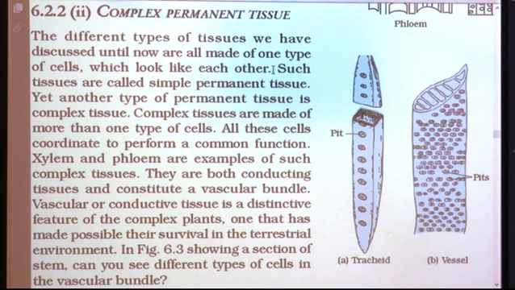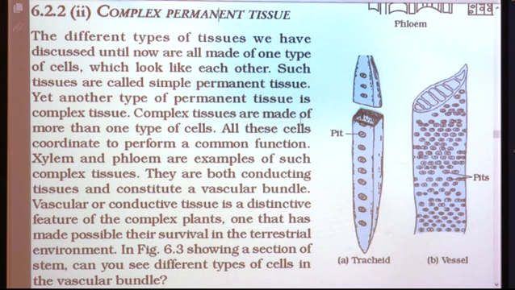But in complex permanent tissue, it is not like that. The type of cells which look alike and are made of the same type of cells are called simple permanent tissues. Yet another type of permanent tissue is complex tissue.